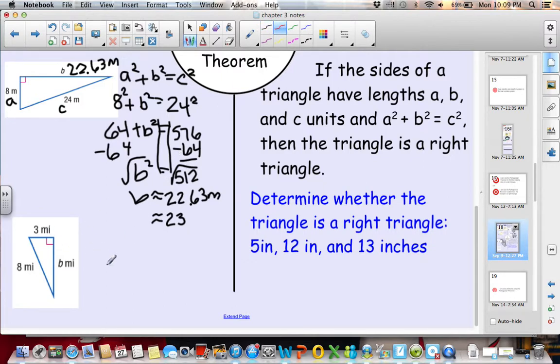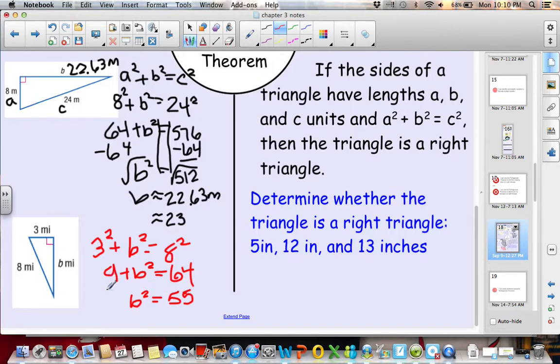So we're given A, 3 squared, plus B squared equals 8 squared. We have 9 plus B squared equals 64. 64 minus 9, we have B squared equals 55.